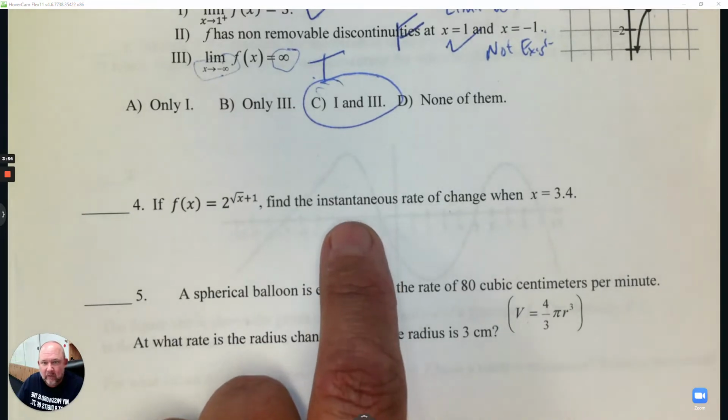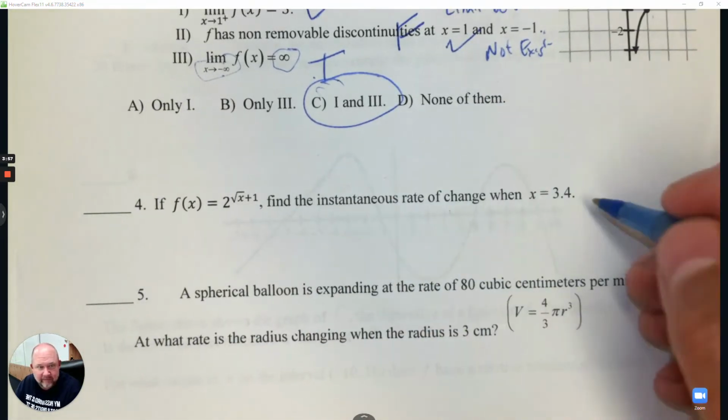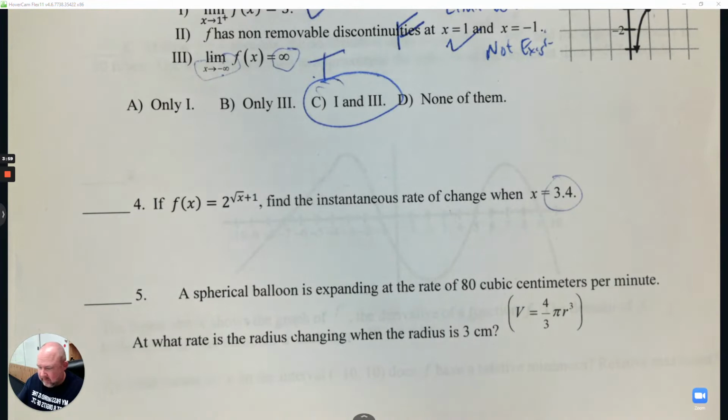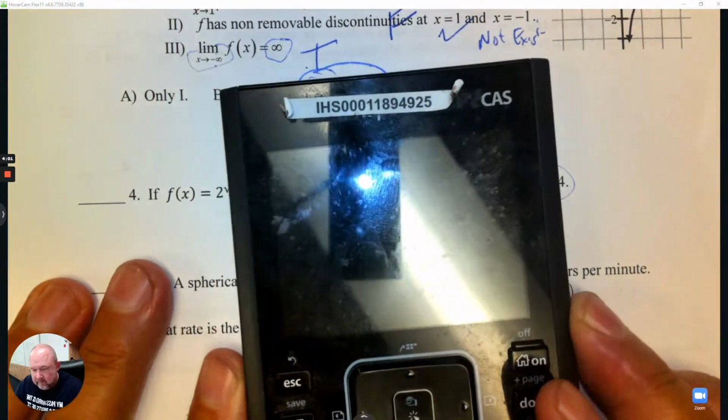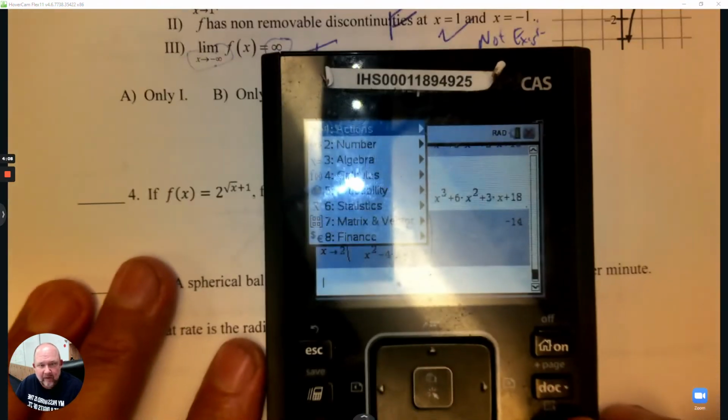All right, calculator question. This means just derivative at 3.4. So how do we do that with our calculator? Menu. Oh, turn it on. Menu, calculus, derivative at a point.